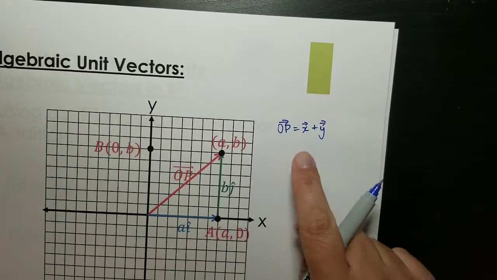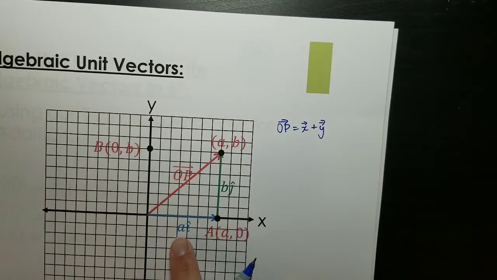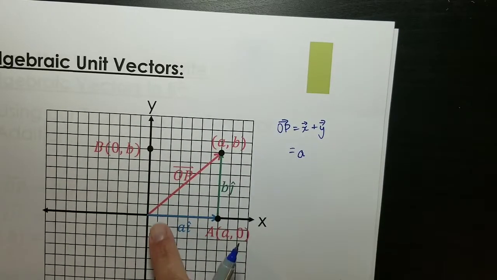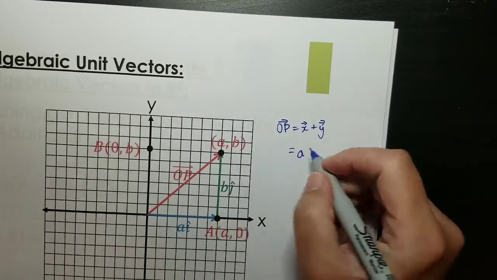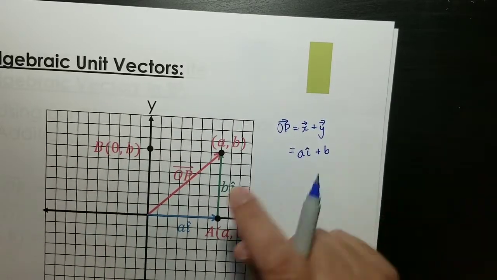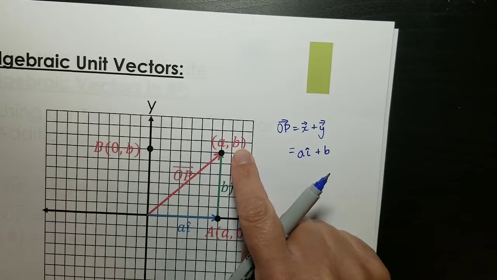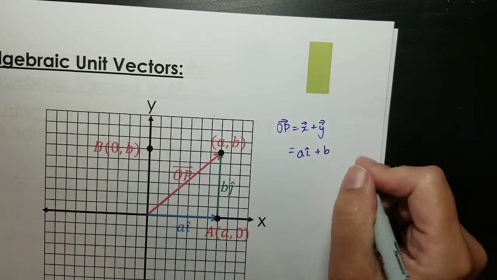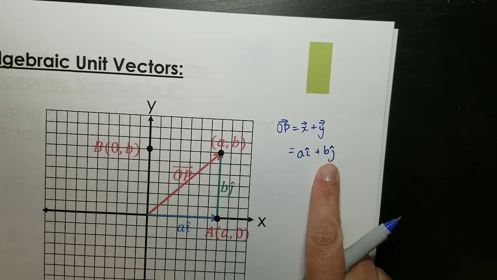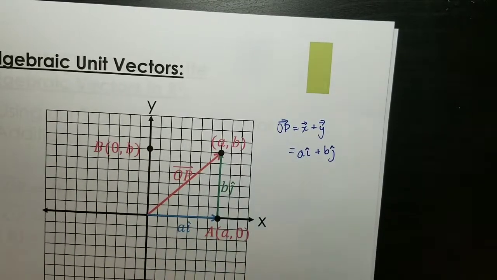And whatever these magnitudes are, we can say that this is A, because we go A units in the x direction, times vector i hat, plus B, which was our value that we get to in the y direction, times vector j hat. So we're going to break this up into multiples of the component vectors.